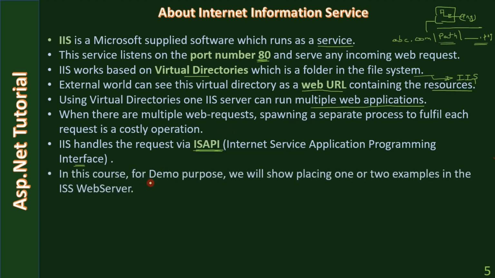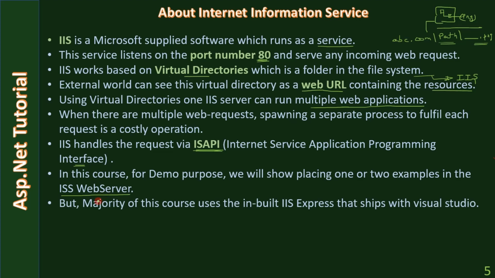In this course, for demo purposes, we will show one or two examples in IIS Web Server. That will give you an idea of how the IIS server serves the resources. But the majority of the course uses the inbuilt IIS Express that ships with Visual Studio.